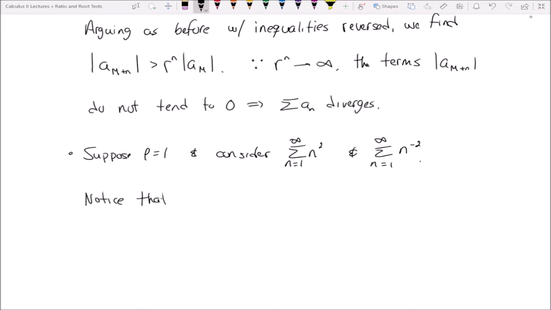Notice that this series diverges, it's a p series with p equal to negative 2, and this series converges.